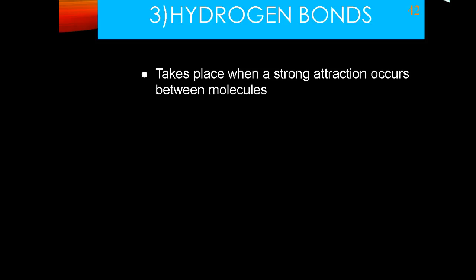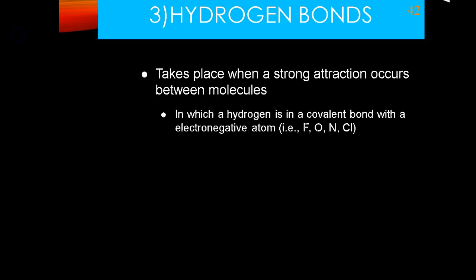Since we're talking about hydrogen bonds, this is going to occur between molecules where hydrogen has to be in a covalent bond with one of those electronegative atoms, because things that are more electronegative cause this charge destabilization across the molecule.